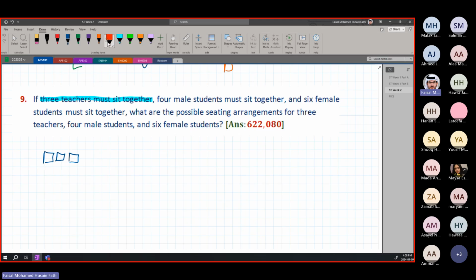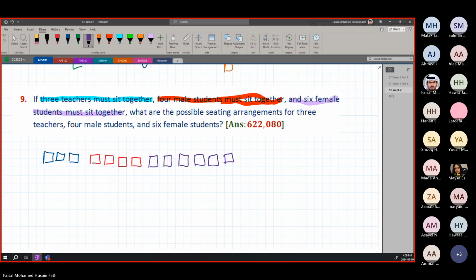We have 4 male students that must sit together, seated next to each other. And 6 female students that must sit together. So for the female students, we have 1, 2, 3, 4, 5, 6.